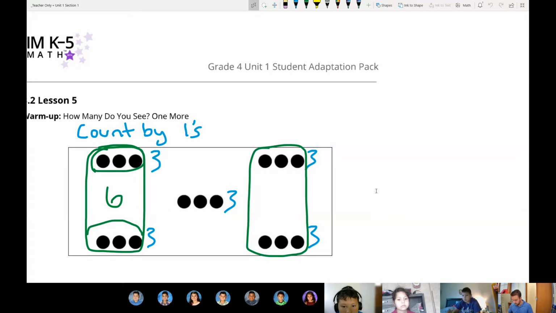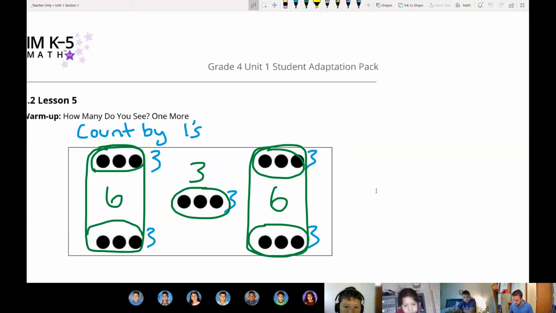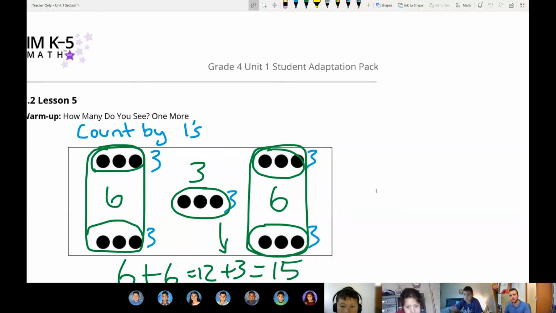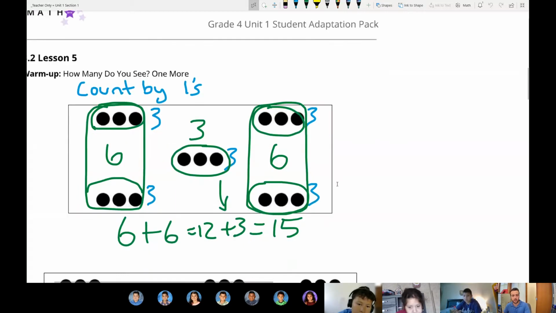There's 3 up here and 3 down here, and 3 plus 3 is 6, and then there's these 3 here in the middle. So you said you went 6 plus 6, so you took the big groups and it equals 12, and then added in that 3 there. Did I explain that right? Is that how you did it? Yes. Very good thinking. Oops, sorry, I didn't realize I was cutting off down there. Very good thinking, Abisai. I love that.